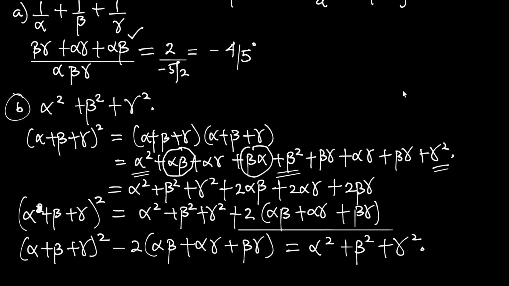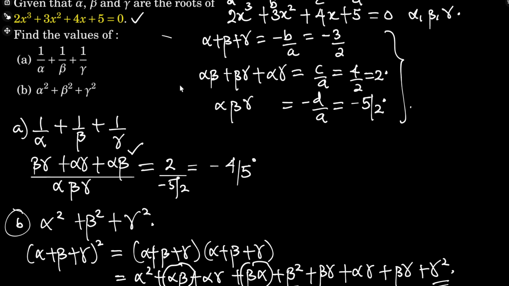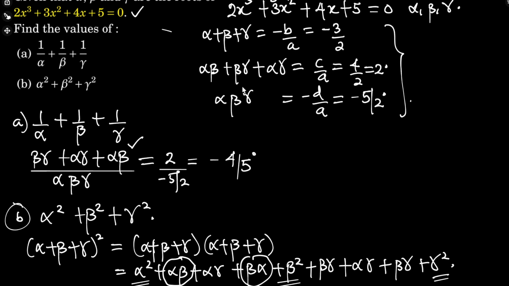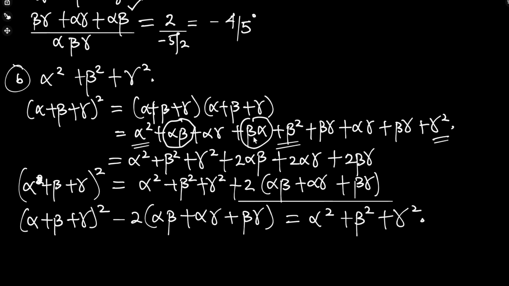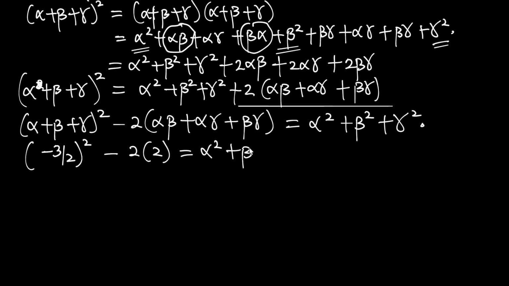Now with this, we can go back to the sum and all of this that we've previously obtained, and then we substitute it into the equation. So we have alpha plus beta plus gamma as minus 3 over 2 all squared, minus 2 times 2, and that is the alpha squared plus beta squared plus gamma squared.